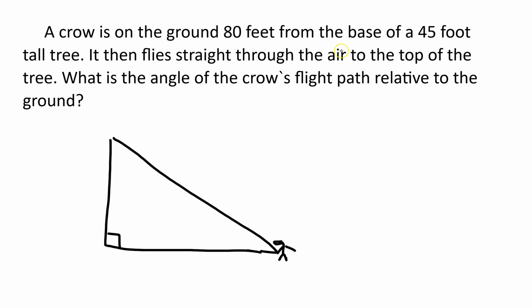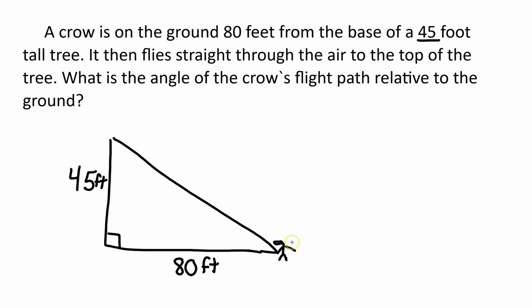It's 80 feet from the base of a tall tree. So 80 feet away. And the tree, it says, is 45 feet tall. So I put the 45 on that vertical distance because that's how you measure a height. And then it's on the ground for that 80 feet, so that's where I put the 80.